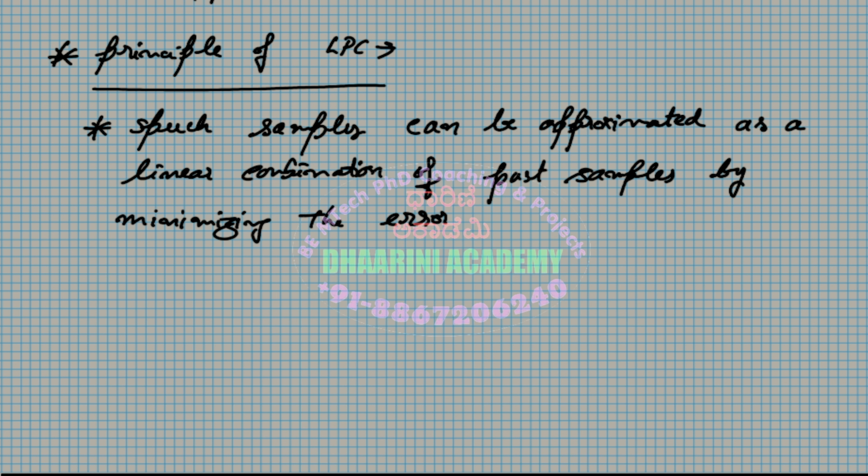I'll take a difference, x of n minus x cap of n. I get an error. But you see, this error can be positive or negative, both are possible. So in order to bring them onto the same polarity, you will simply square that. It's just an error square. So I got an error, and I convert it into positive by considering the square.